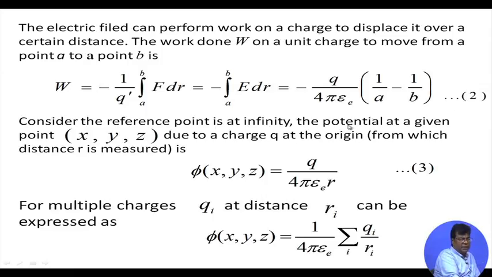Now, if I consider the point to be at infinity, I define this as the electrostatic potential phi(x, y, z): the work in dragging the point charge from infinity to a point (x, y, z) under an electric field due to a charge q placed at the origin, which is given by this.